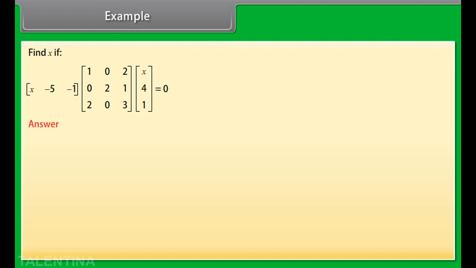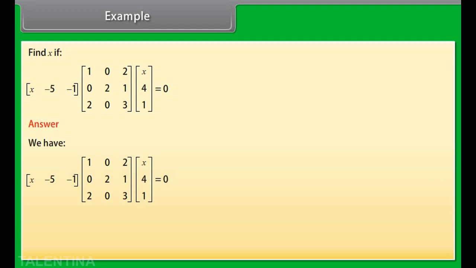Given that, we have the matrix [x -5 -1] multiplied by the matrix with rows [1 0 2], [0 2 1], [2 0 3] multiplied by the matrix with rows [x], [4], [1] is equal to 0.